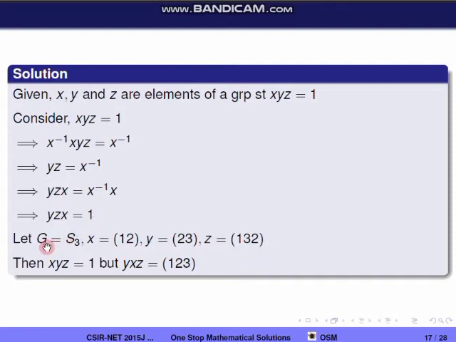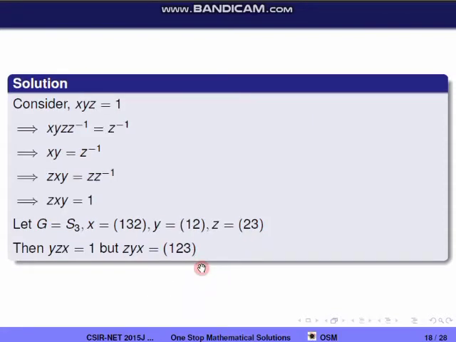Let me take G equal to S3, x equal to (1 2), y equal to (2 3), z equal to (1 3 2). Then we are getting xyz equal to 1, but yxz is equal to (1 2 3), which is not equal to 1. So similarly we can show zxy is equal to 1 and zyx is not equal to 1. So now we'll check the correct option.